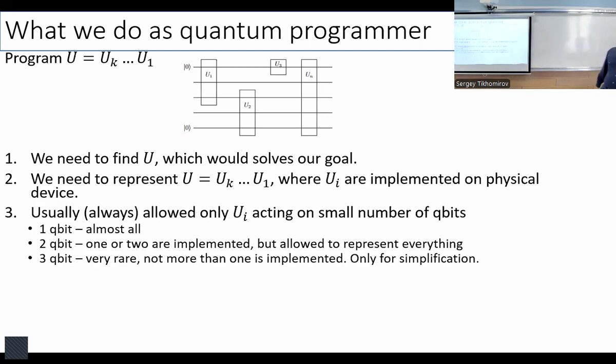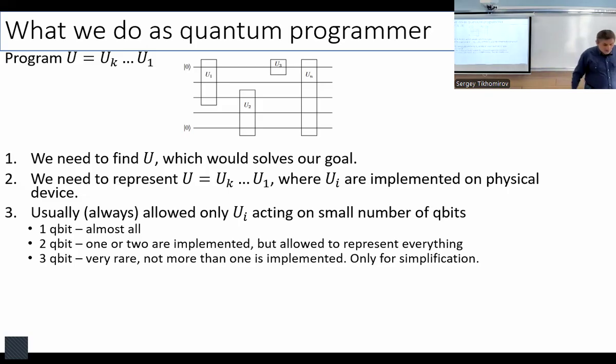And after this, there is a second part, to which this course will be mostly devoted: we need to represent this unitary operator of a huge dimensional space as a composition of operators which are implemented on a physical computer, because there are some restrictions.